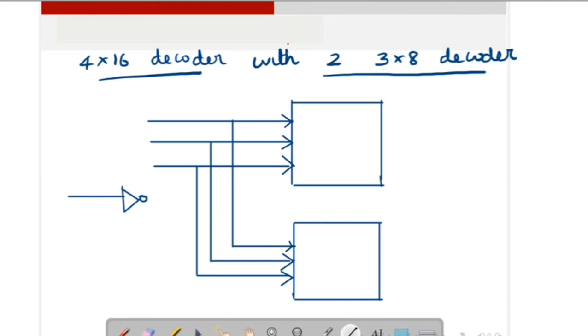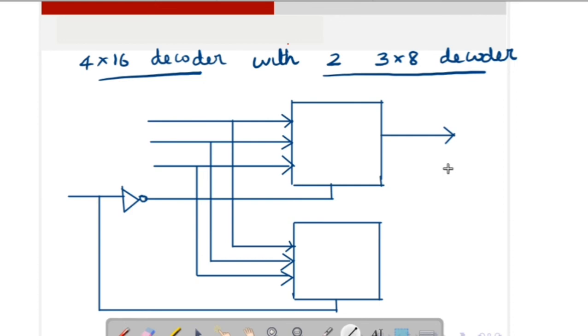So connected to the first decoder, and also the second decoder. Then here the output is D0 to D7, and here the output is D8 to D15. So here it is D0 to D7, and here it is D8 to D15.